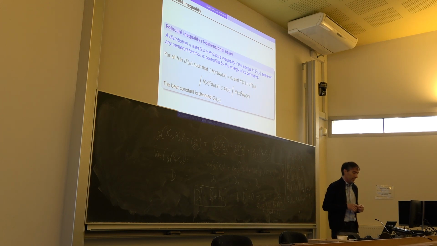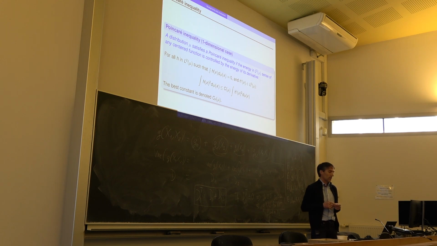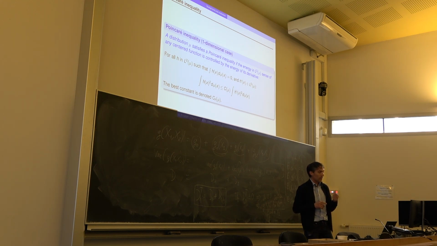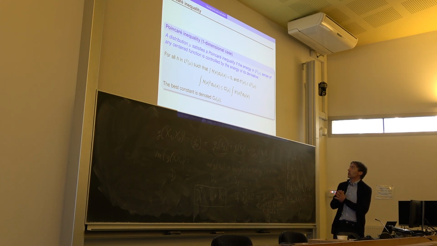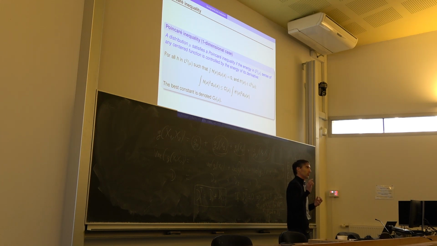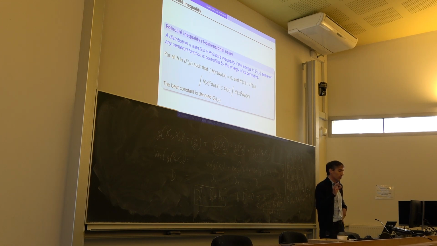More precisely, for all centered functions in L2, the integral of the square of h is bounded by one constant times the integral of the square of the derivative of h. And the inequality depends on this constant C of mu, which is the same for all functions h. It does not depend on h, it depends on the probability measure mu.